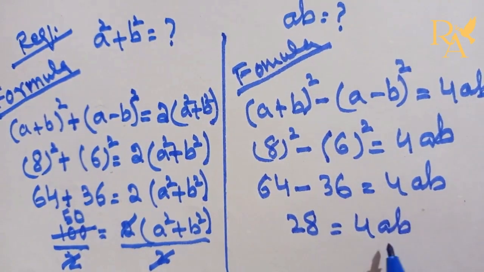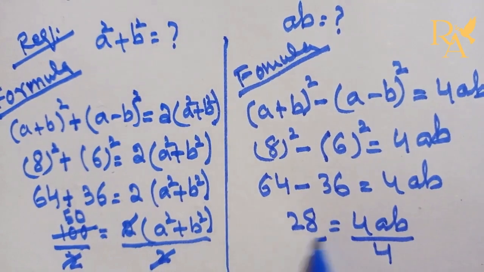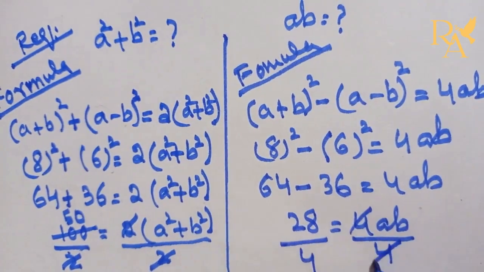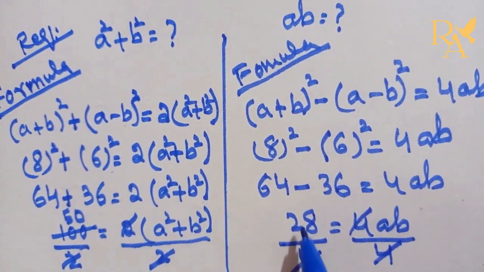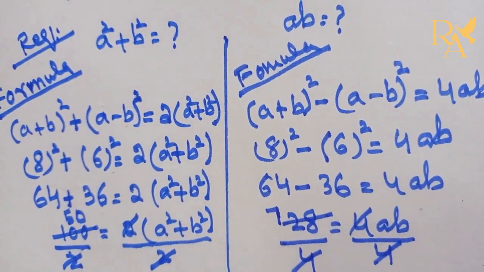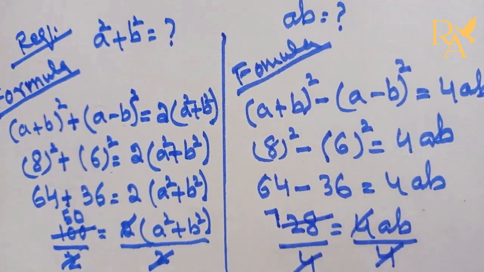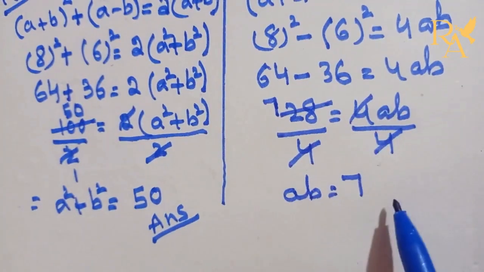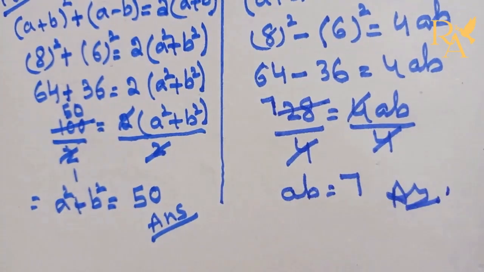Now we will divide both sides by 4. 4 cancels, 4 ones are 4, 7 fours are 28. AB is equal to 7. This is the answer.